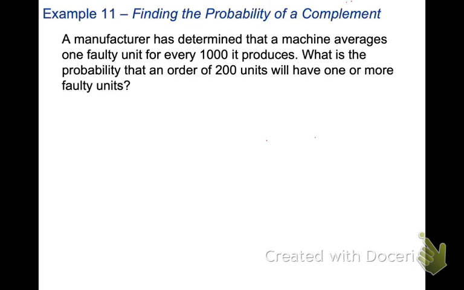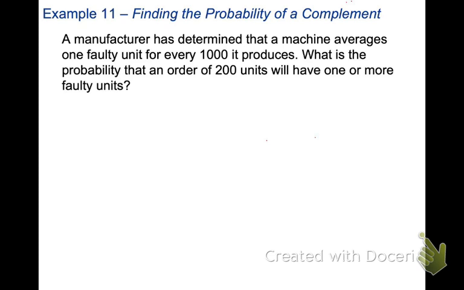A manufacturer has determined that the machine averages 1 faulty unit for every 1,000 produced. What is the probability that an order of 200 units will have 1 or more faulty units? If we were going to calculate the faulty units, we would have to calculate 1 and add it to 2, to 3, to 4, to 5.